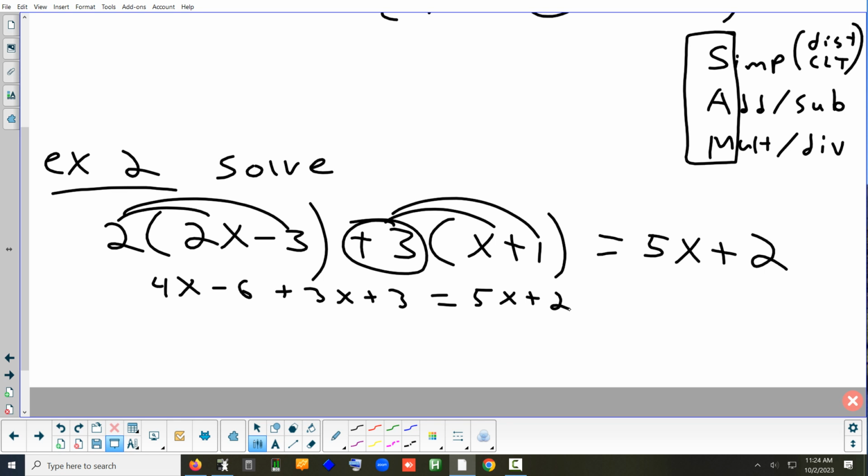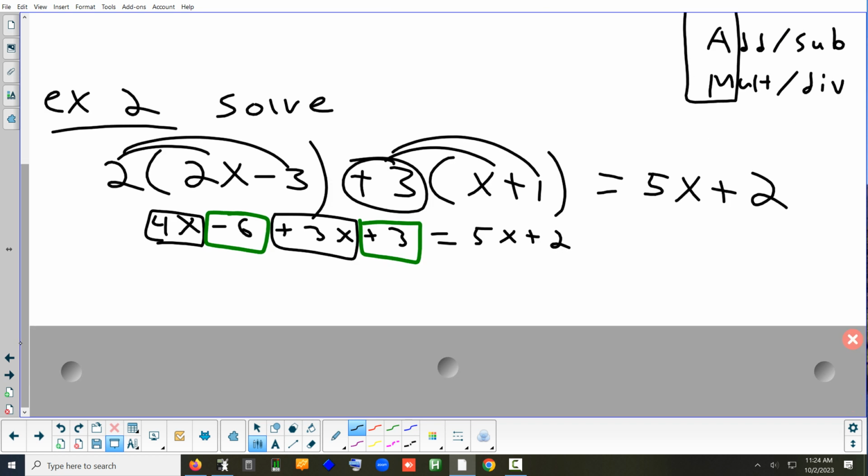Any like terms there? 4x goes with 3x and negative 6 goes with 3. So we can combine the 4x and the positive 3x. And then what else did you say? Negative 6 and positive 3.